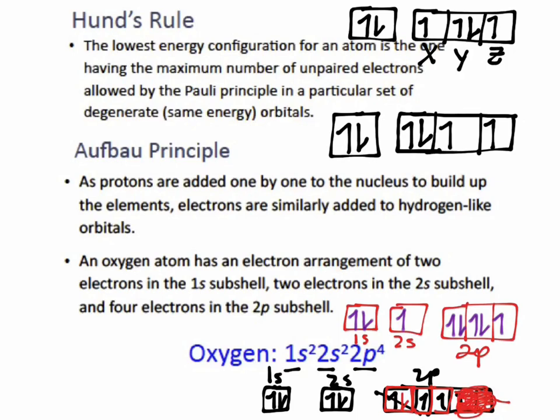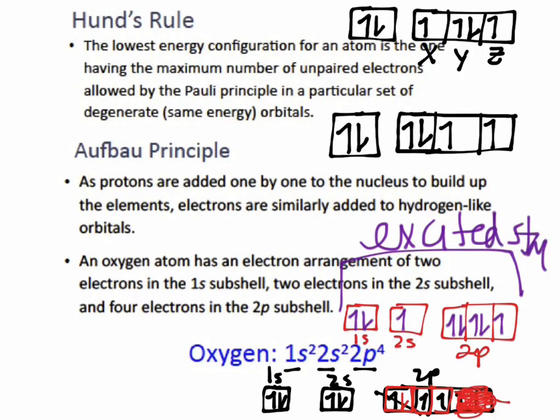Now, does this mean that this does not exist? No. What that means is that this is an excited state. So if you violate Hund's rule or the Aufbau principle, it is an excited state.